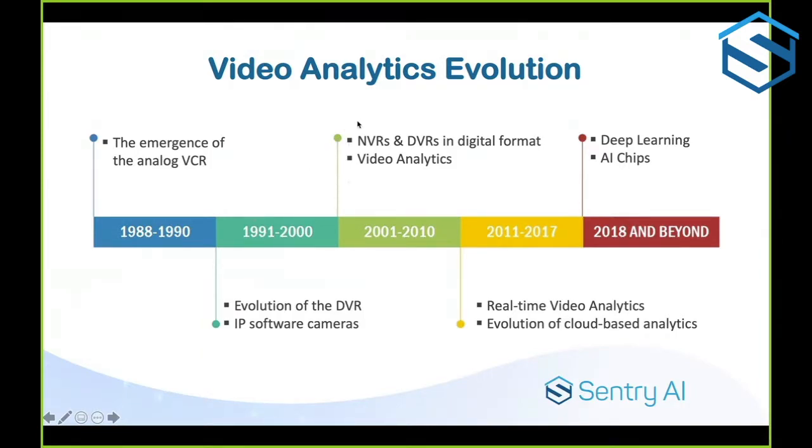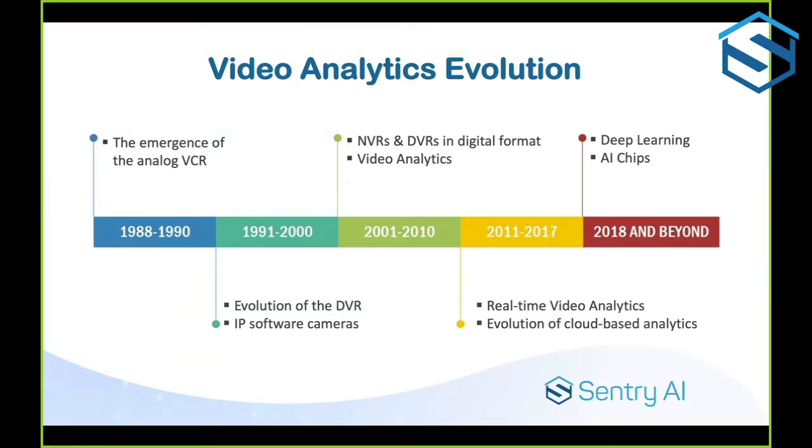So basically, video analytics started back in 1988 or so, 30-plus years ago, with VCRs, then DVRs. Then about 2000 they started talking about video analytics, and a decade ago they started talking about real-time video analytics. But I want to make sure that all of this is not what we call AI video analytics.